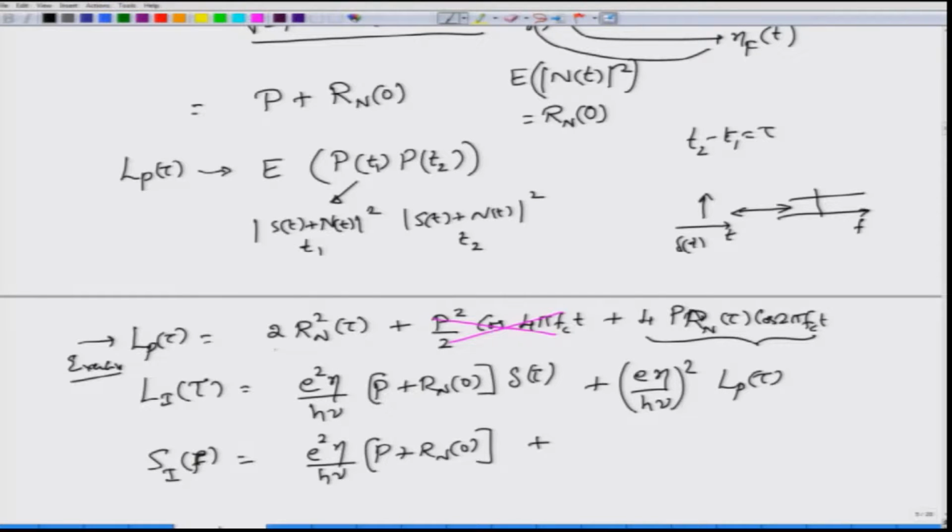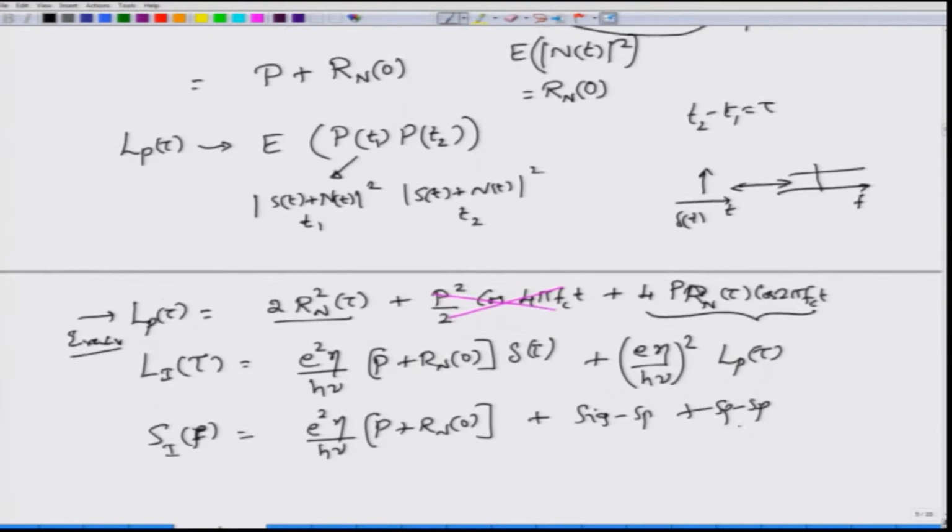Plus there are two terms, one term is Rn square of tau and the other term is the signal and noise beating, right. The signal is p cos 2 pi Fct, the noise is Rn of tau. So, this will be the signal-noise beating or the signal-spontaneous noise, and then you have the spontaneous-spontaneous noise term that is beating. Okay.